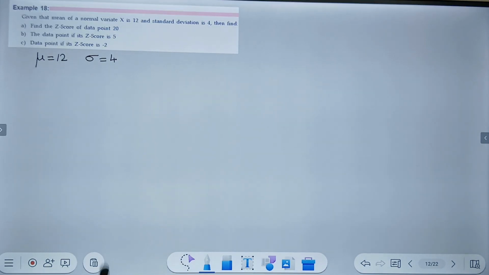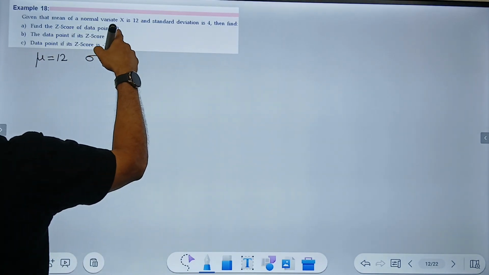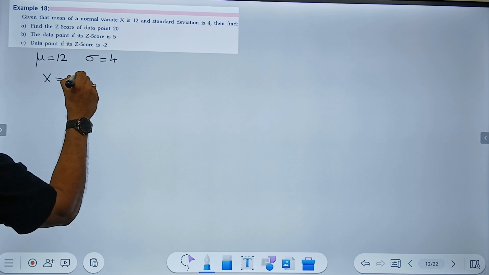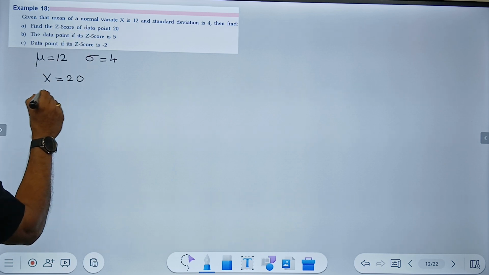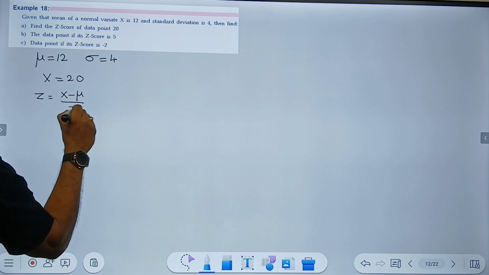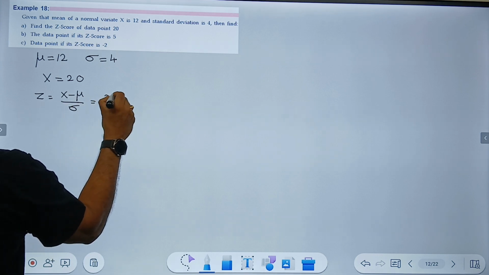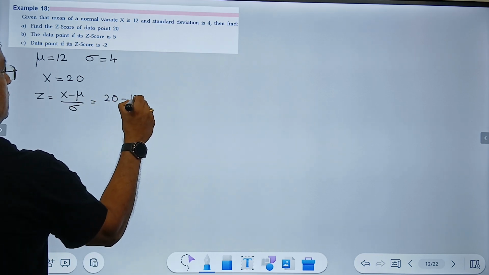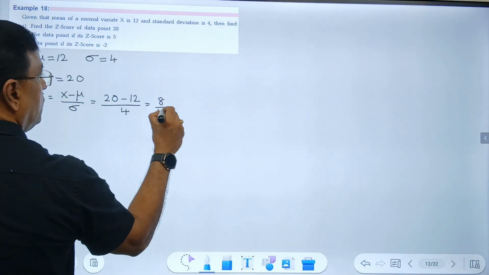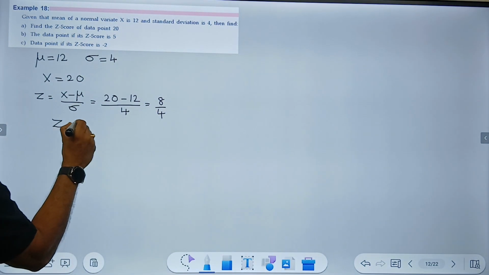Now the question is to find the Z score of the data point 20. I want to find the Z score. So what is Z equal to? X minus mu by sigma. X is 20, mu is 12, sigma is 4. So it is 8 by 4. Therefore Z equal to 2.